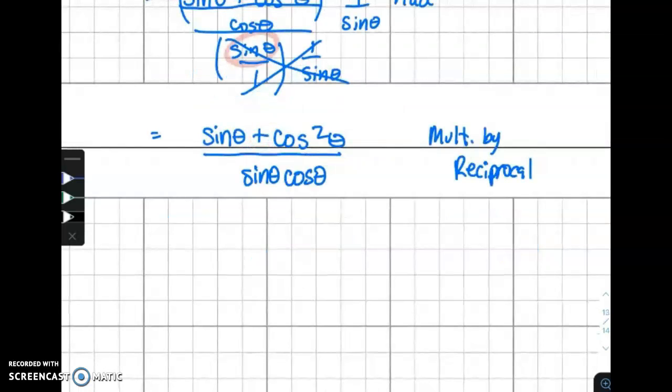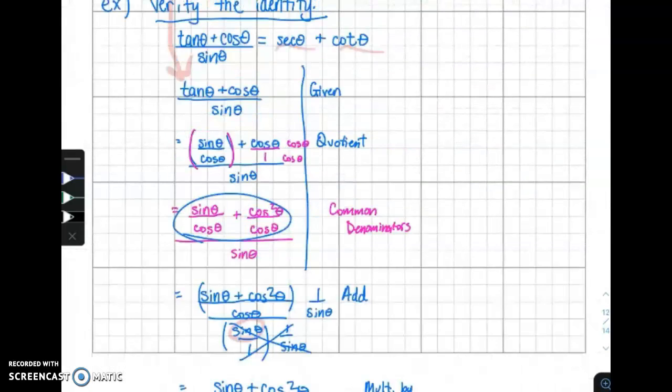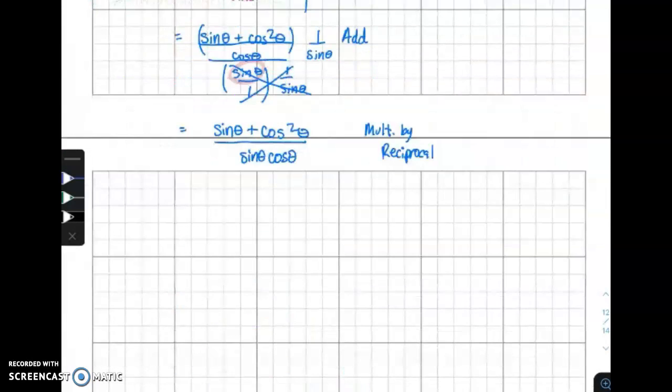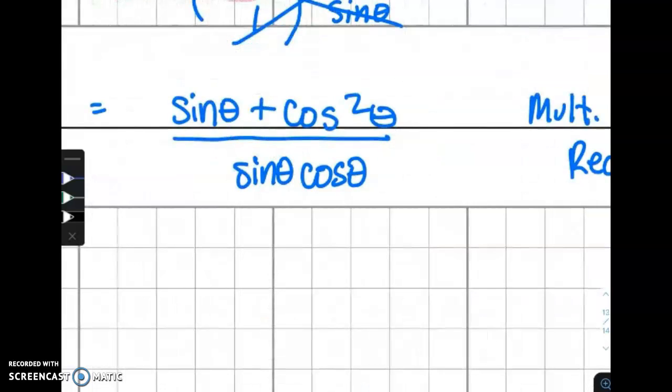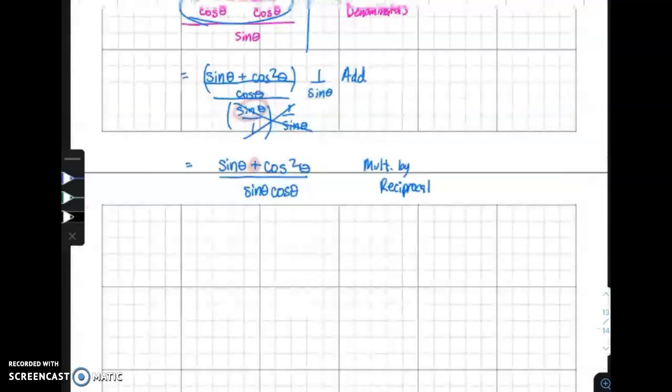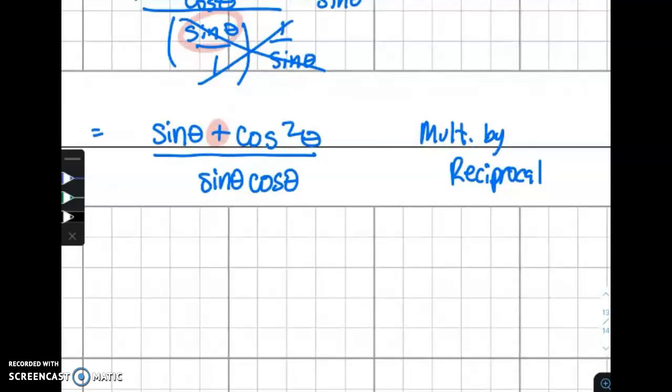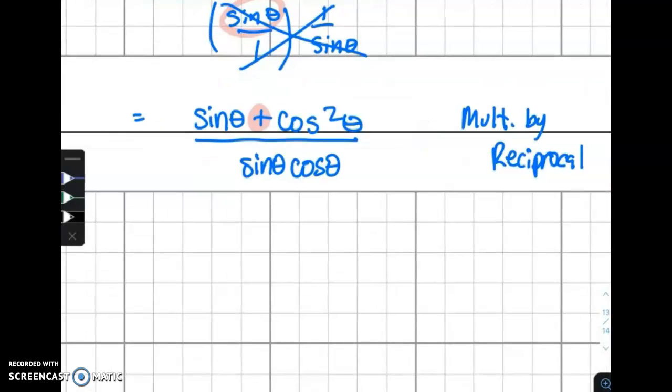Okay, from here, I still remember I need secant and I need plus cotangent. So when I look at what I have, what's good is that I've got this plus. Somehow I'm supposed to get secant and cotangent out of it. So what I'm going to do now is try to split this into two fractions so that I get two different terms.